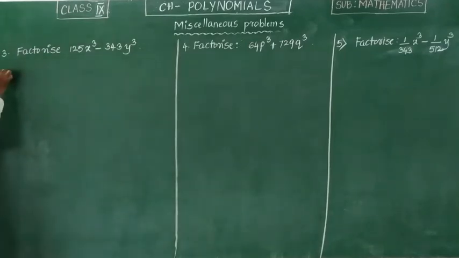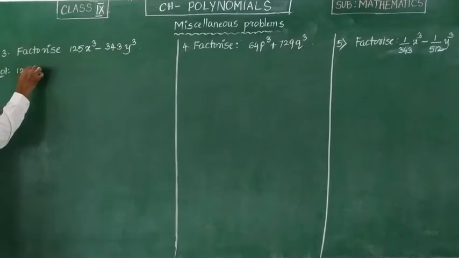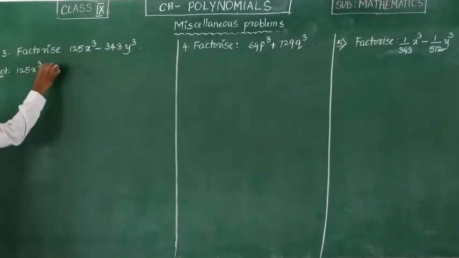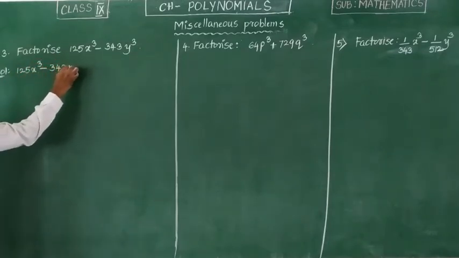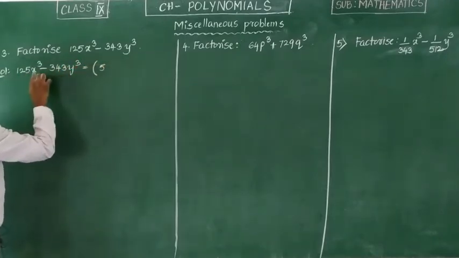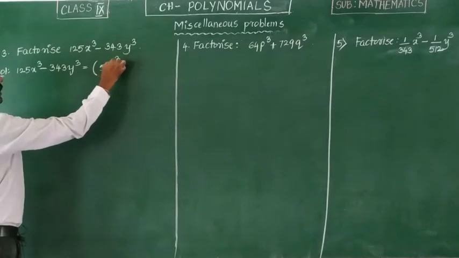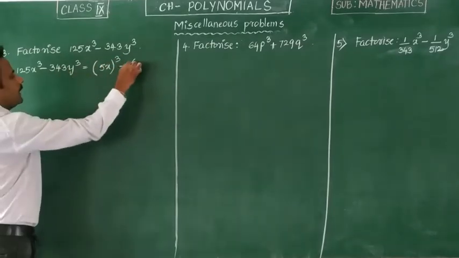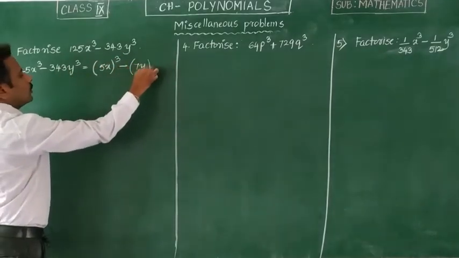So let us write the given one: 125x cube minus 343y cube. It can be written as 5x whole cube minus 7y whole cube.